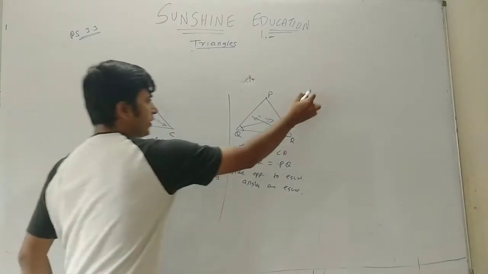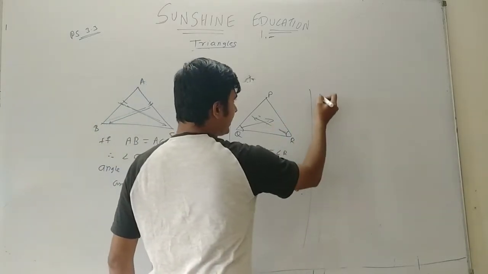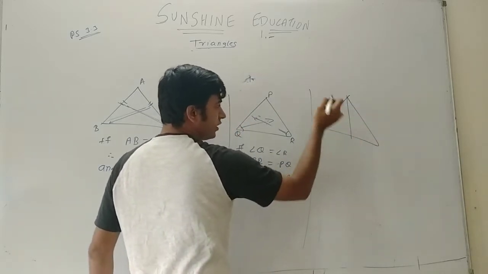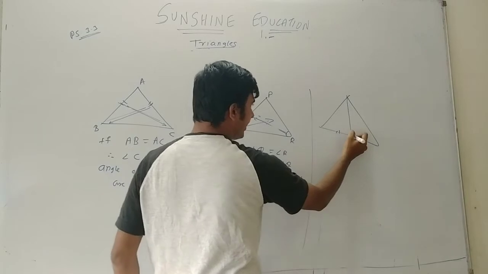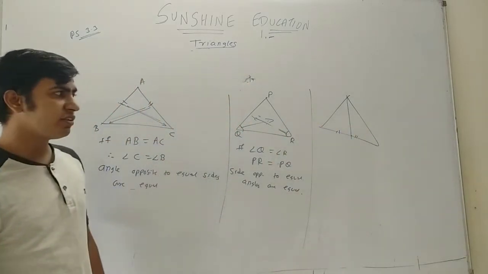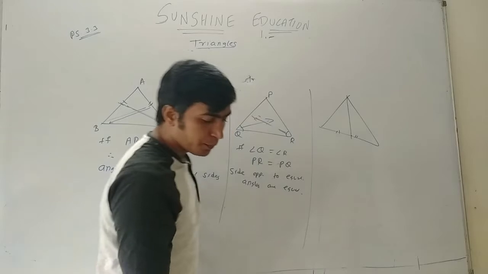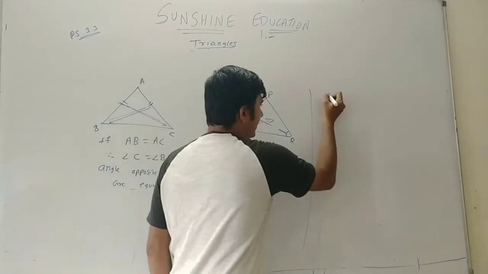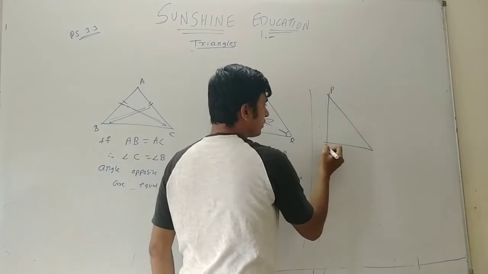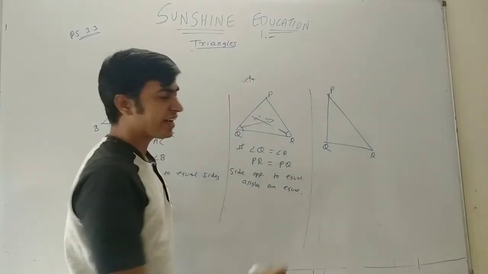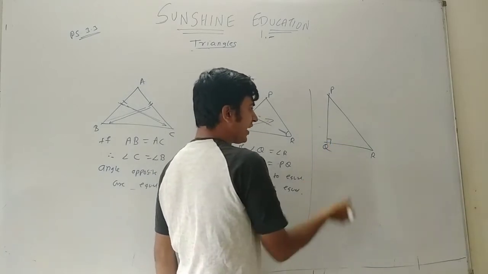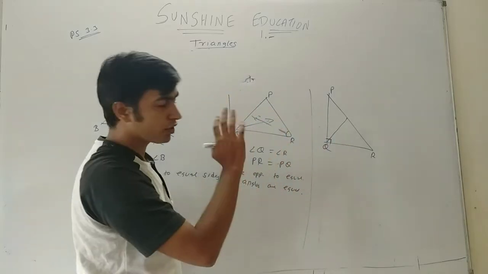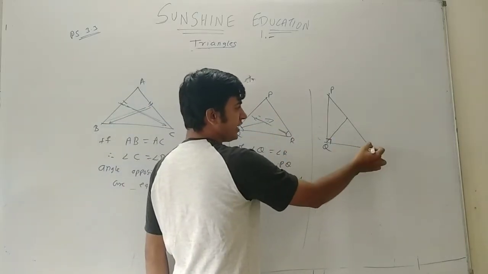Now the third property. First of all, see what the median is. This is a triangle, and we have a median. A median is a line which divides the side into two equal parts. But if that triangle is a right angle triangle, for example this right angle triangle PQR, and in this right angle triangle I am drawing the median, only and only if it is a right angle triangle, this property holds.